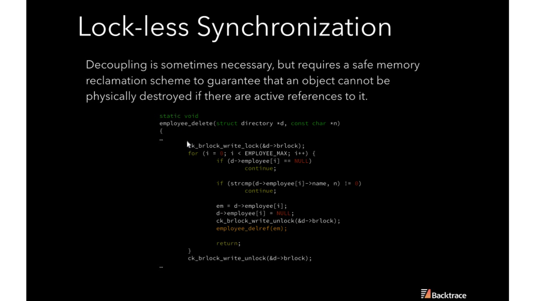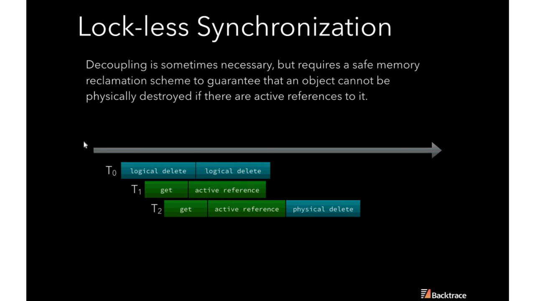So on the right side, on the delete path, after we find the relevant employee object, we will guarantee that it's no longer reachable, and then we will atomically remove that reference count. And the last thread to remove its reference will be responsible for physically destroying that object. And essentially now what you have are two phases.